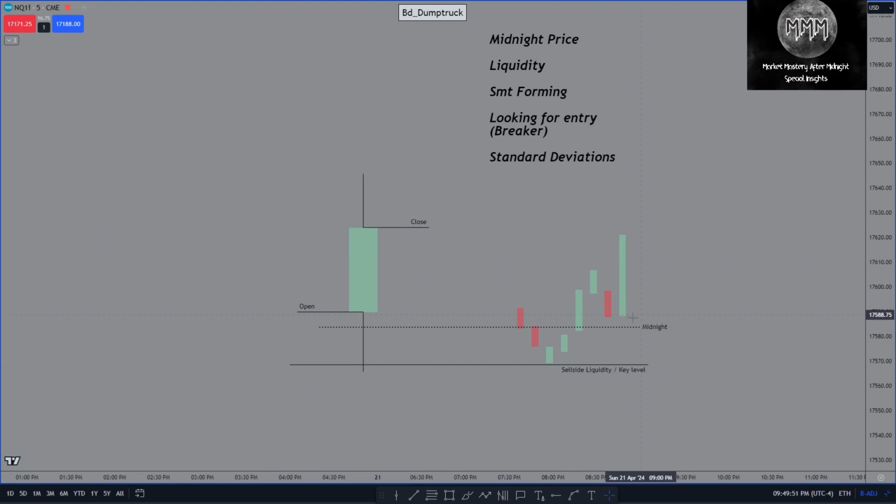So we're hitting the level, and this retrace back down is the retrace onto the breaker. This is where you're likely to see SMT form.